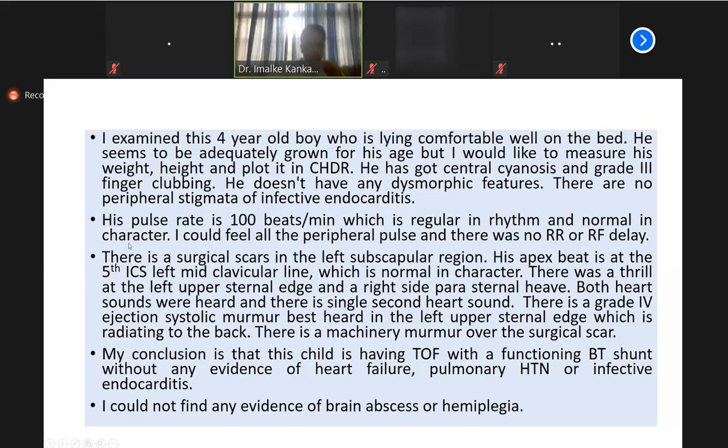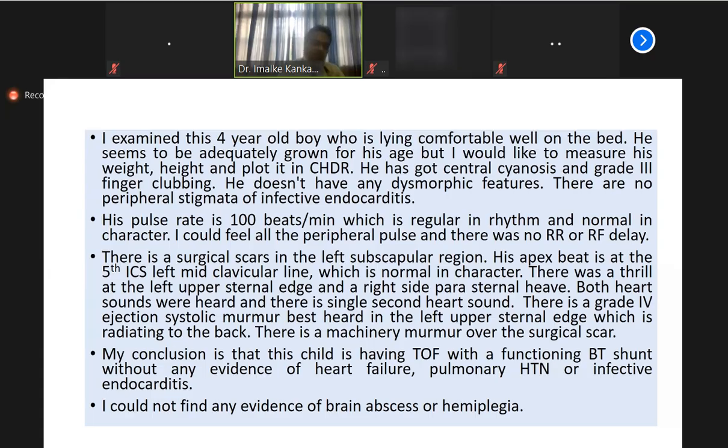He doesn't have any dysmorphic features. There are no peripheral stigmata of infective endocarditis. His pulse rate is 100, regular in rhythm, normal in character. I could feel all peripheral pulses. Here you can mention the left side radial pulse as well, because the next sentence is that this child has a left subscapular region surgical scar.